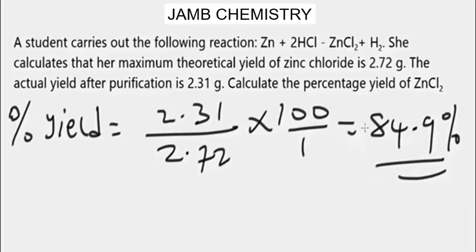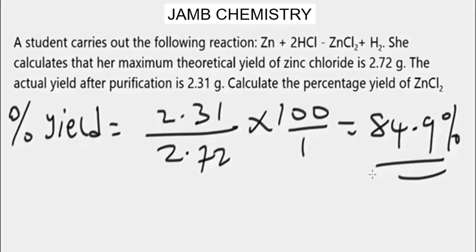Okay, so basically the more reactants you start with, the higher the actual yield will be. It's as simple as that. Okay, but percentage yield doesn't depend on the amount of reactants you start with, since it's in percentage. Take note of this. Okay, basically percentage yield tells us about the overall success of our experiment.